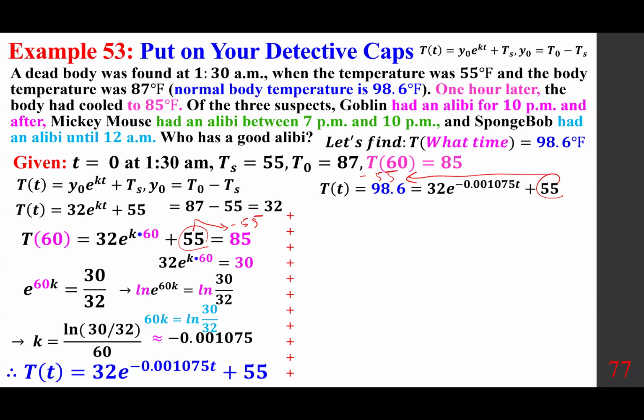Move the 55 and subtract it from 98.6 to get 43.6. Divide both sides by 32. Take the natural log of both sides.